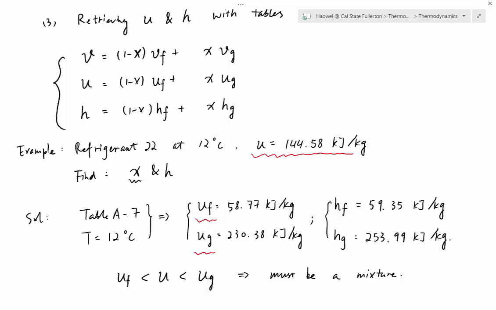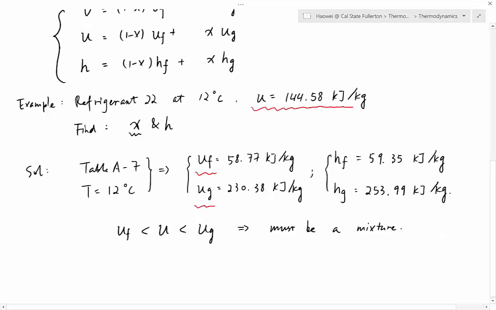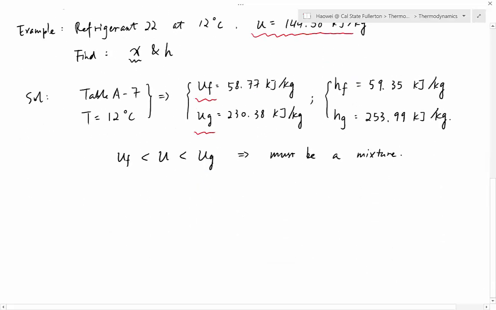And which one do we use? We have u, we have uf, we have ug. So obviously we're going to choose the second one. So we start from the second equation. u is equal to 1 minus x times uf plus x times ug.